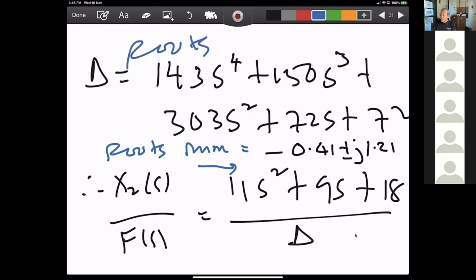Denominator: 1435, power of 4. So you have to use this type of calculator, the white one.